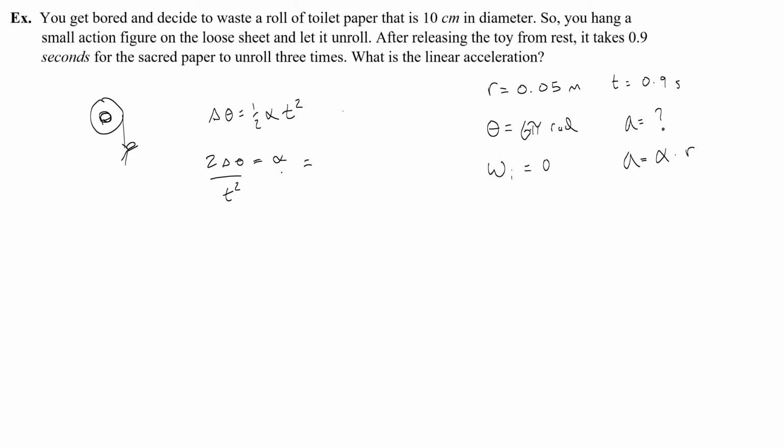Now I can find the angular acceleration is 2 times 6 pi radians divided by 0.9 seconds. This is going to give me, oh wait, I almost made a huge mistake, 0.9 seconds squared. This is going to give me 46.5 radians per second squared.